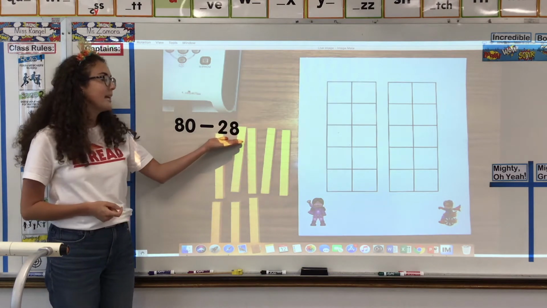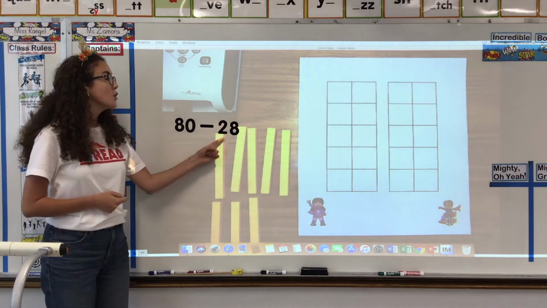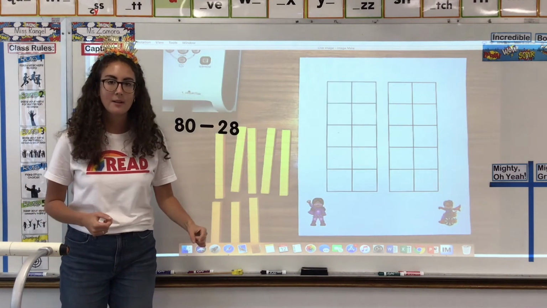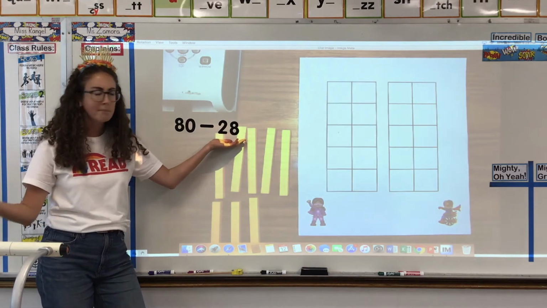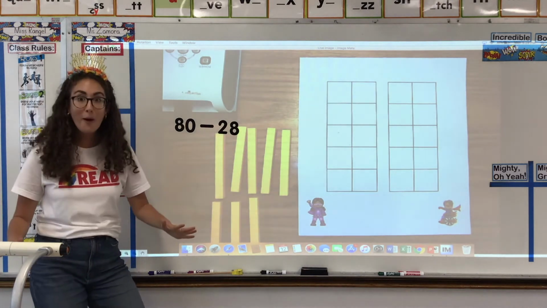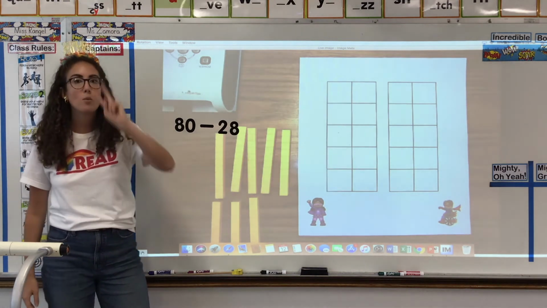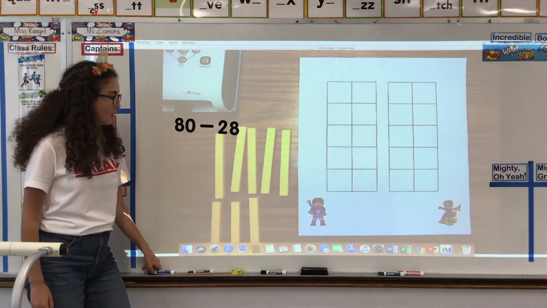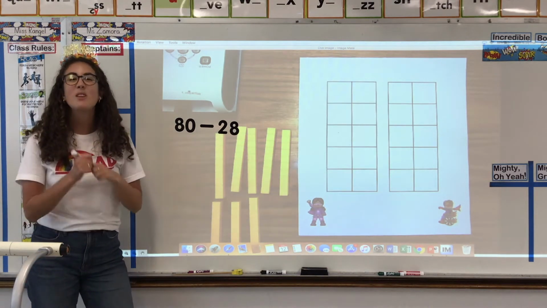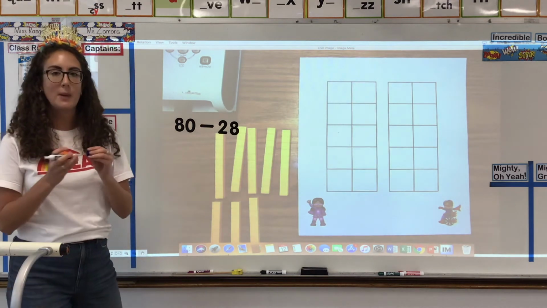And what do we want to take away, Super Scholars? 28. Are we taking away just ones? No, we have to take away 10s and 1s this time. So my friends, in 28, what number is in the 1s place?